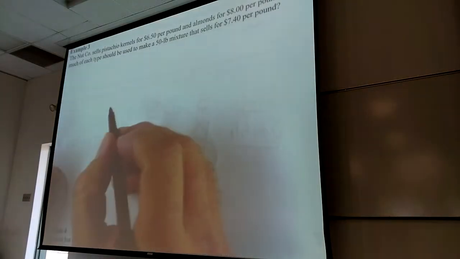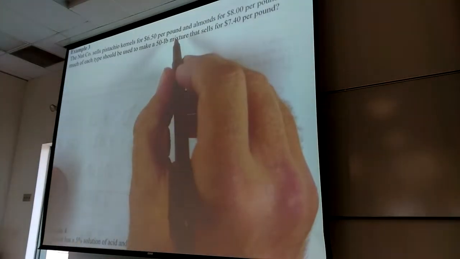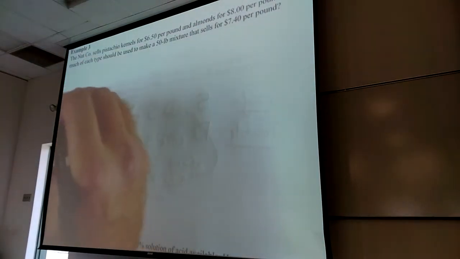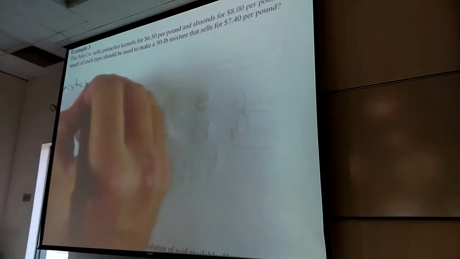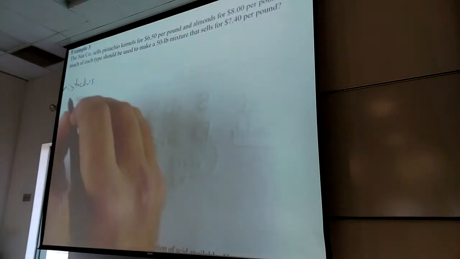What are my variables going to represent? The number of pounds. I love it. So the pounds of pistachios, and the pounds of almonds.